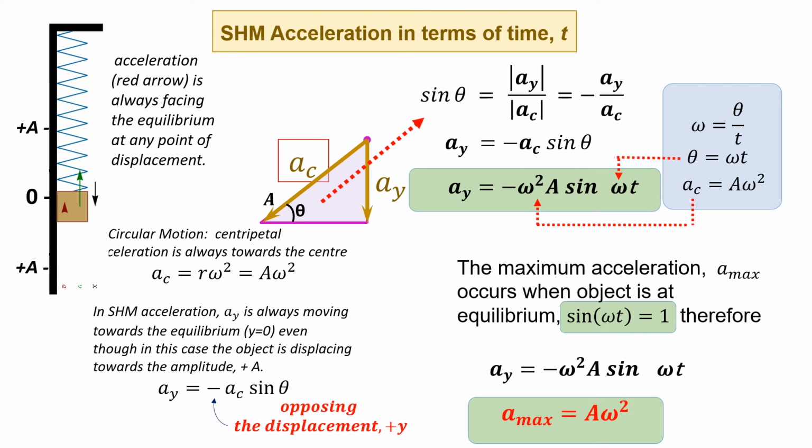Kita namakan dia amplitude A. This is simple harmonic motion, acceleration in terms of time t.